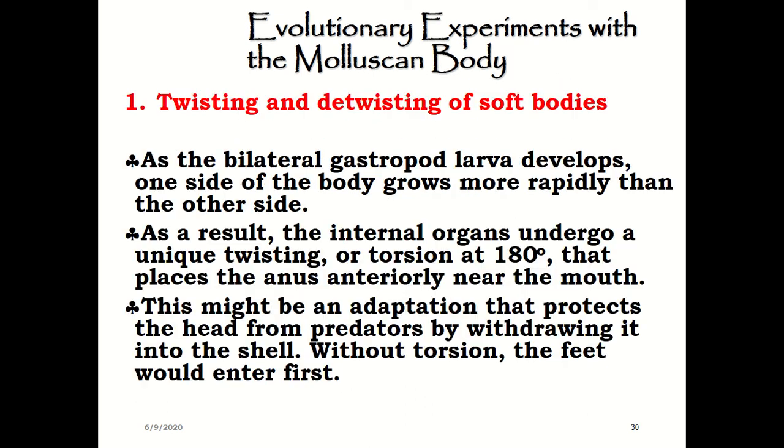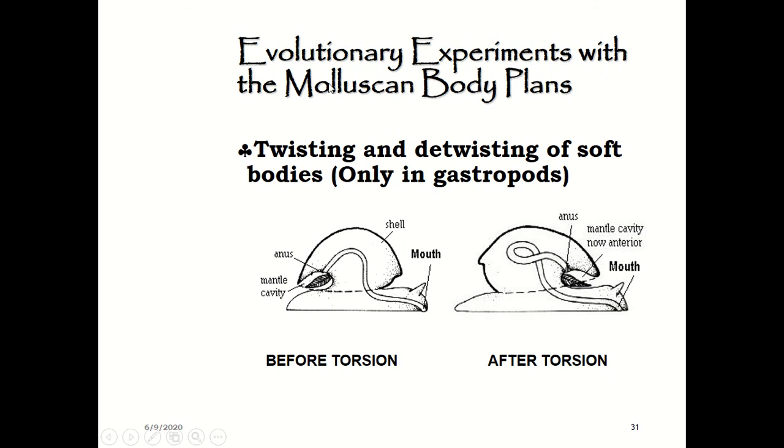Okay, as you can see over here, this is before the torsion, and this is after the torsion. The mouth and the anus are located in front and near each other, and they will pull into the shell when they're being attacked by a predator.